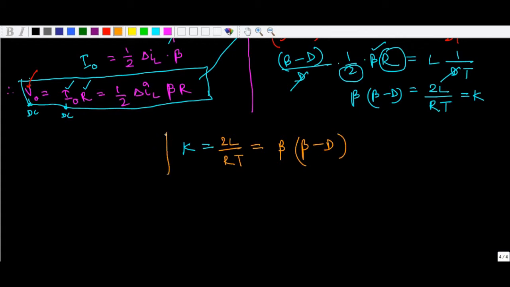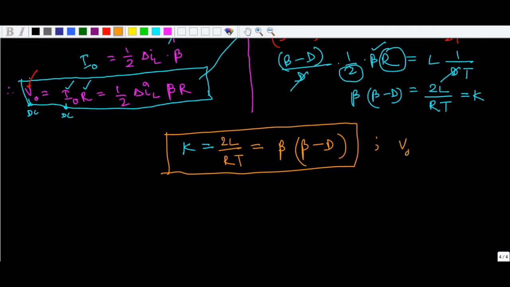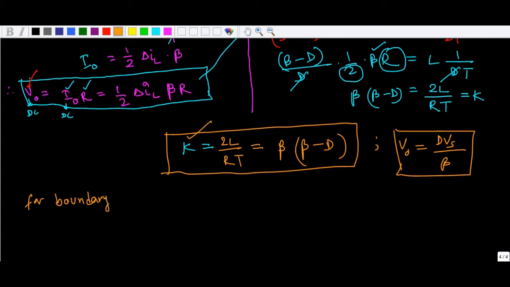We will use this equation along with the other equation, that is V output equal to d times Vs over beta, to solve problems based on discontinuous conduction mode. And what is this k called? This is the conduction parameter. For the boundary of CCM and DCM, we have beta equal to 1. So just put beta equal to 1 in this equation.